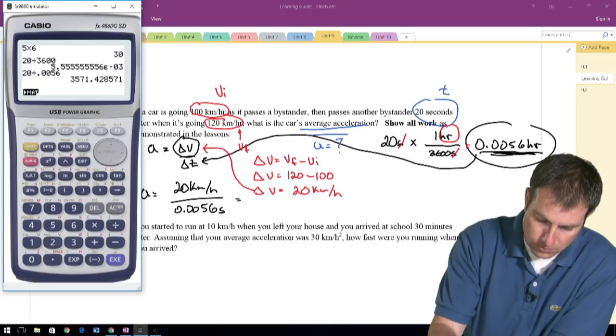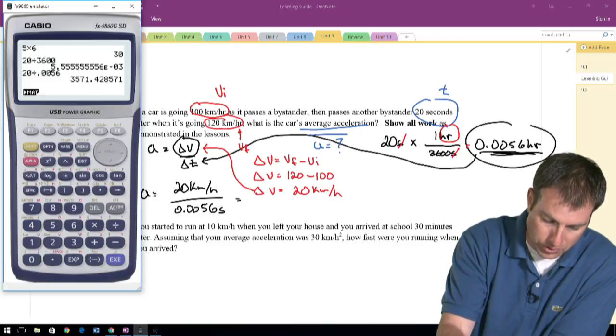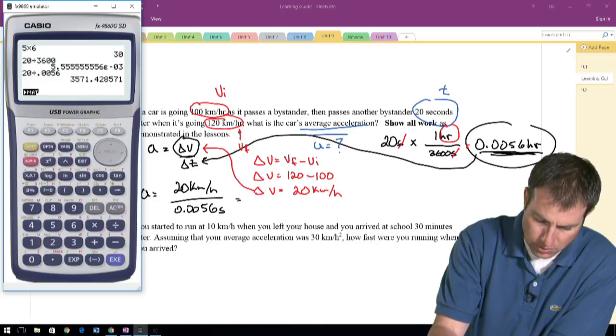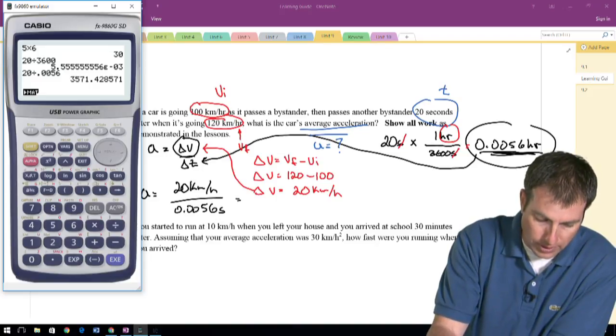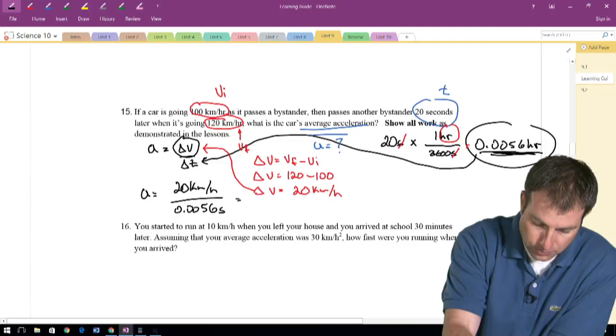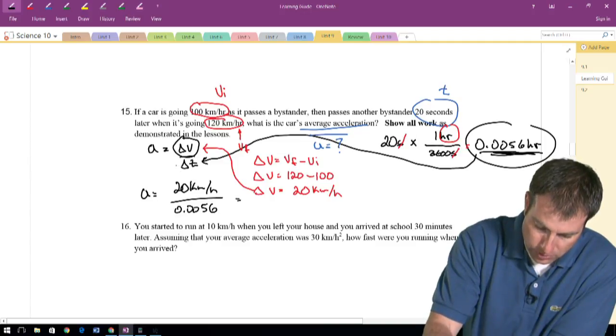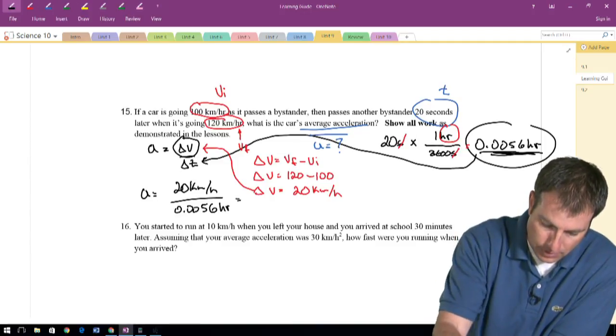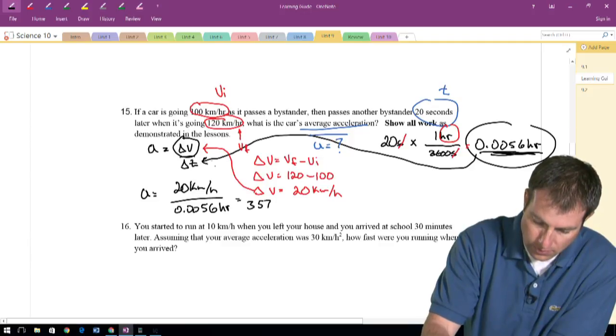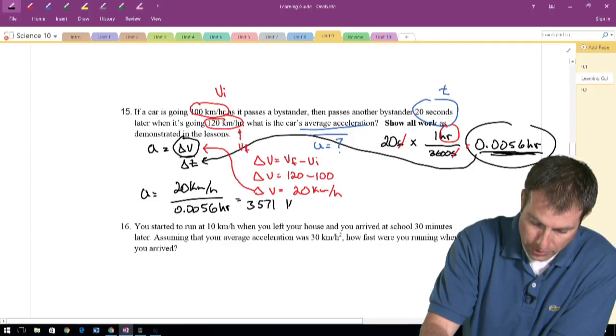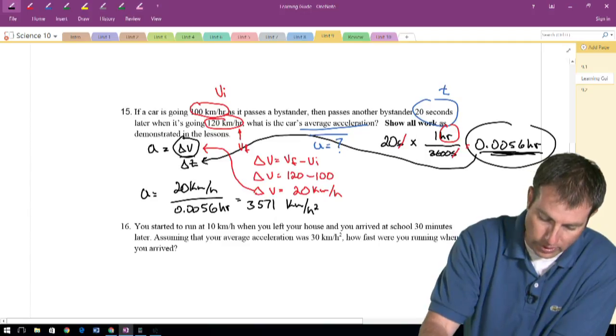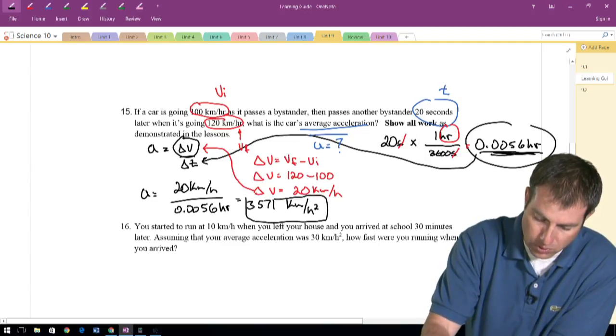Now, this number is going to be a little bit strange because the units don't really make sense, but 20 divided by 0.0056 is 3,571 kilometers per hour squared, which isn't a typical unit.